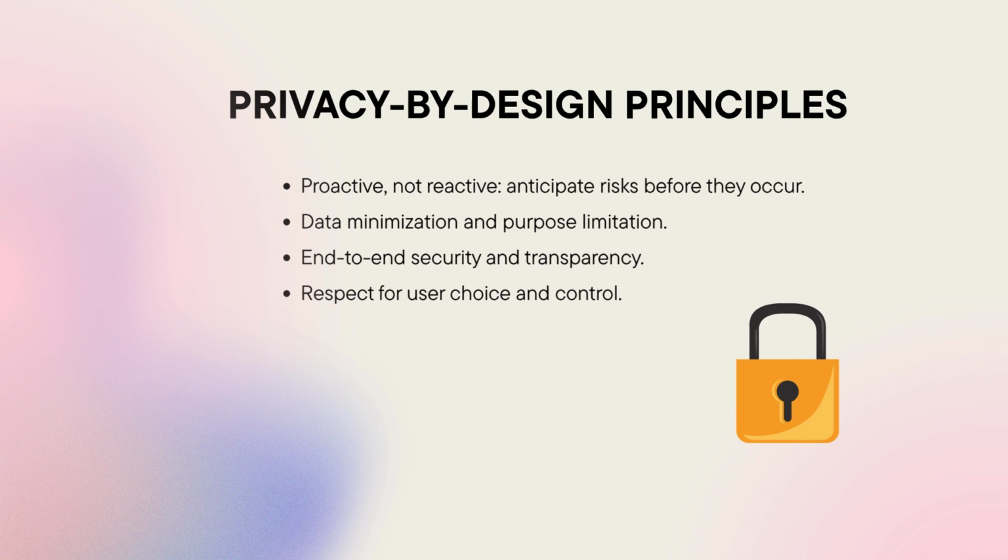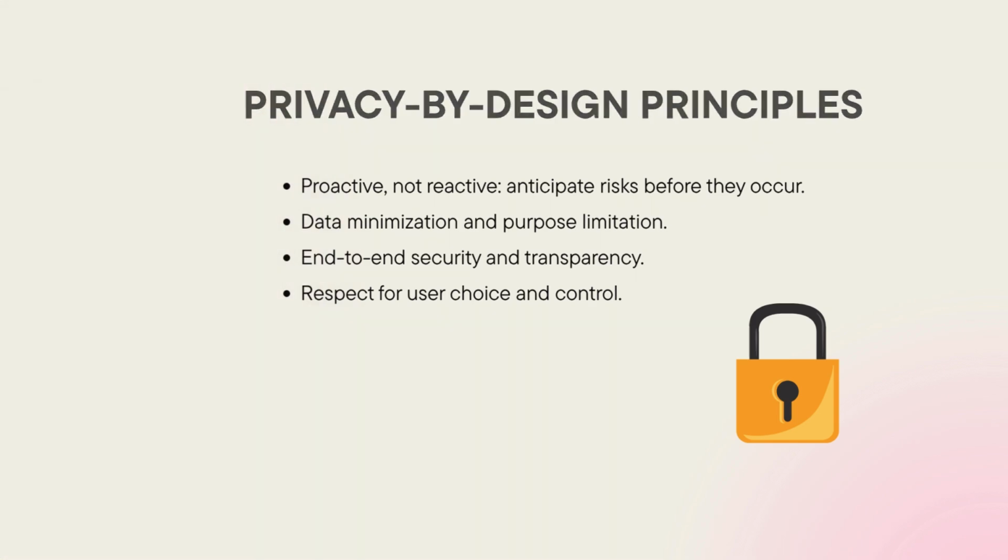Systems must also maintain end-to-end security, from encryption at rest to access control in use. Finally, transparency and user choice are paramount. Individuals should know what's happening to their data and be empowered to consent or withdraw, reinforcing ethical stewardship in AI innovation.